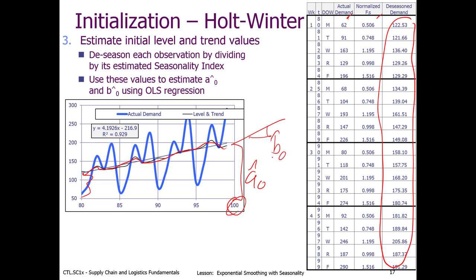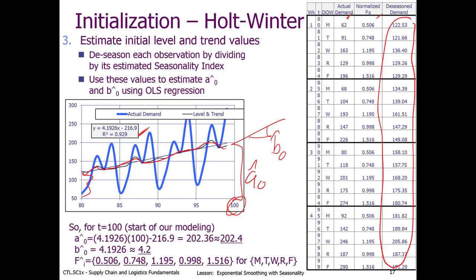How do I do that? We're going to use ordinary least squares regression, just like we did in the previous Holt model, which was just level and trend. We'll talk about the details of how to do that next week, but you end up with an equation where the intercept at time 0 is negative 216.9 and the slope is 4.192 bagels per day.